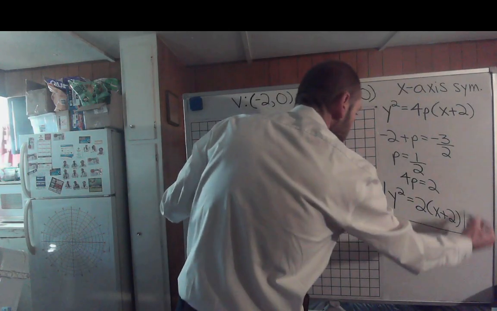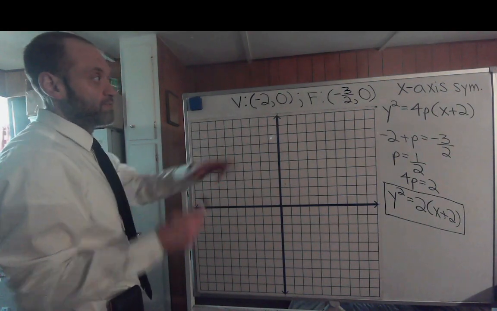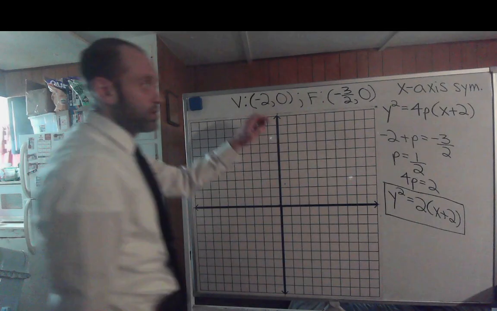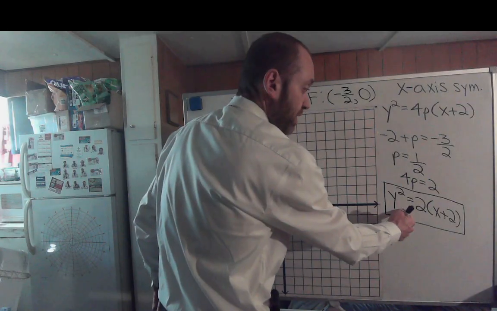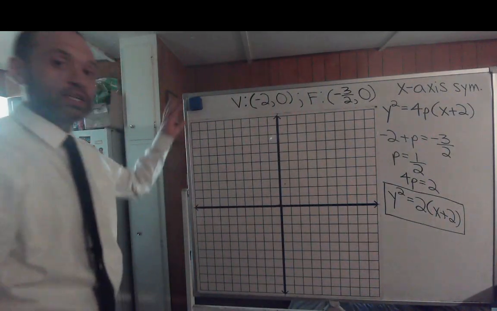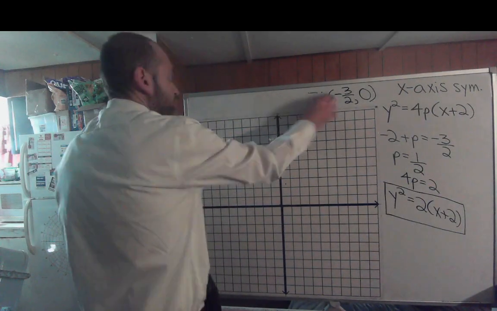That would be the equation for the particular parabola that's being referenced, with a vertex at -2, 0, a focus at -3/2, 0. It would be y squared equals 2 times the quantity of x plus 2. Alright, a couple more of these.